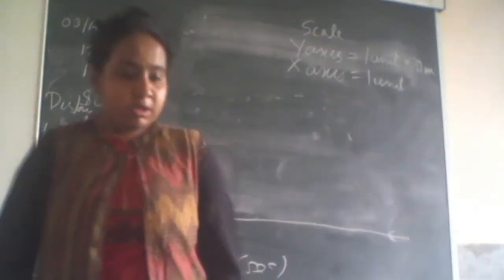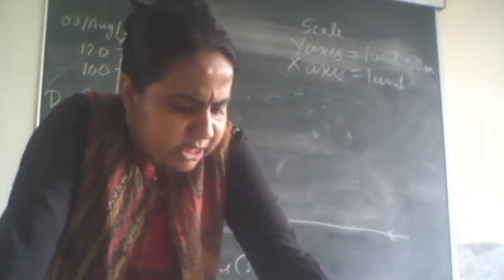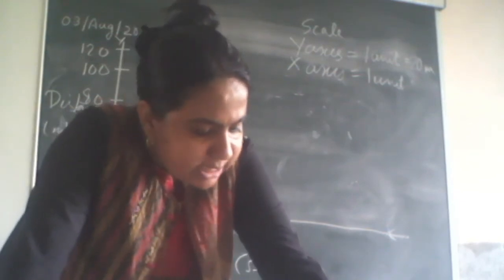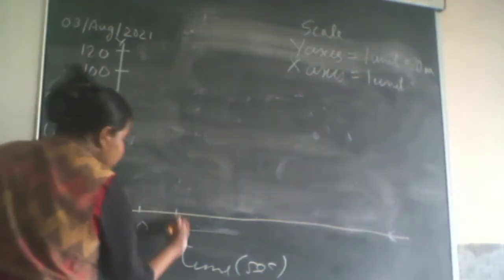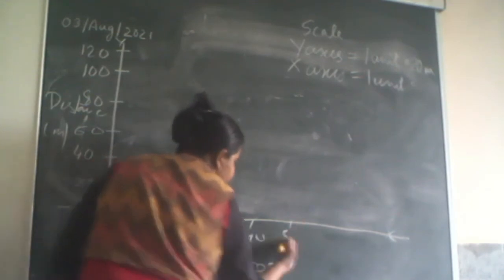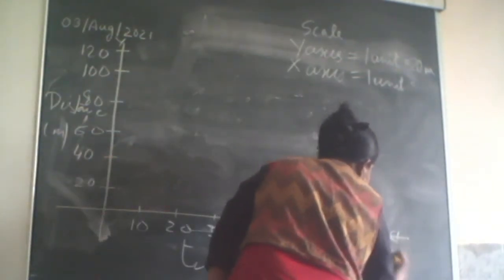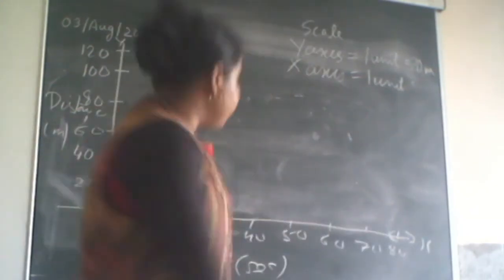Given to you: 0, 10, 20, 30, 40, 50, 60, 70, 80. It's 10 seconds. And all the units are in seconds.